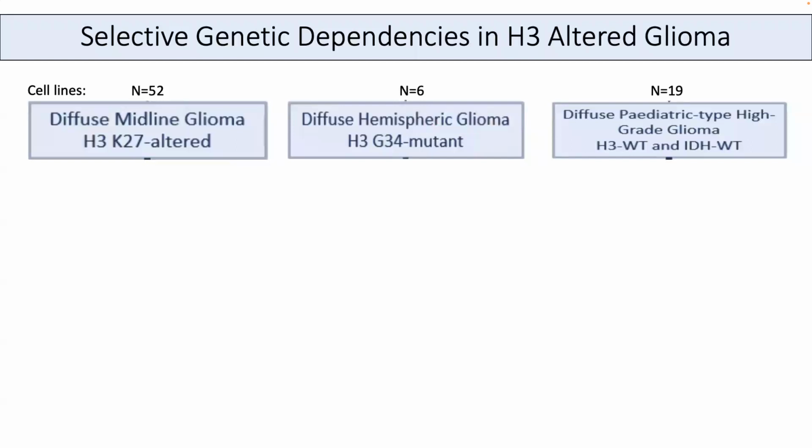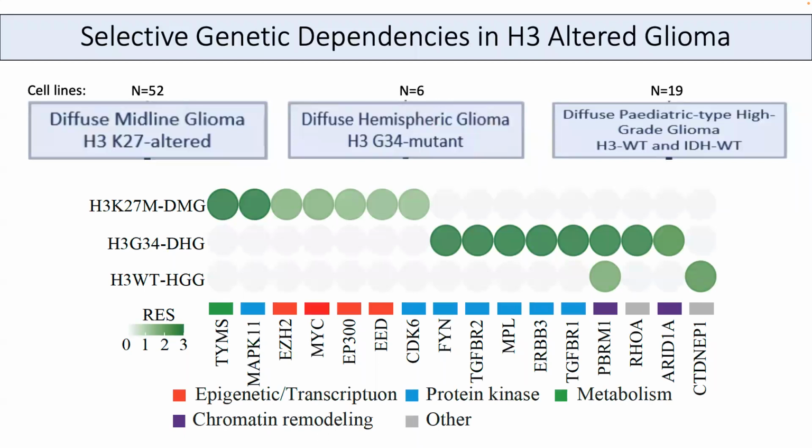And the way we approach this is by defining a residual score, which takes into account both the strength of the genetic dependency and the frequency in the cohort. And using this approach, you can see here that what really bubbled to the top were genes that were important in epigenetics or transcription in the H3K27M altered DMG cohort.